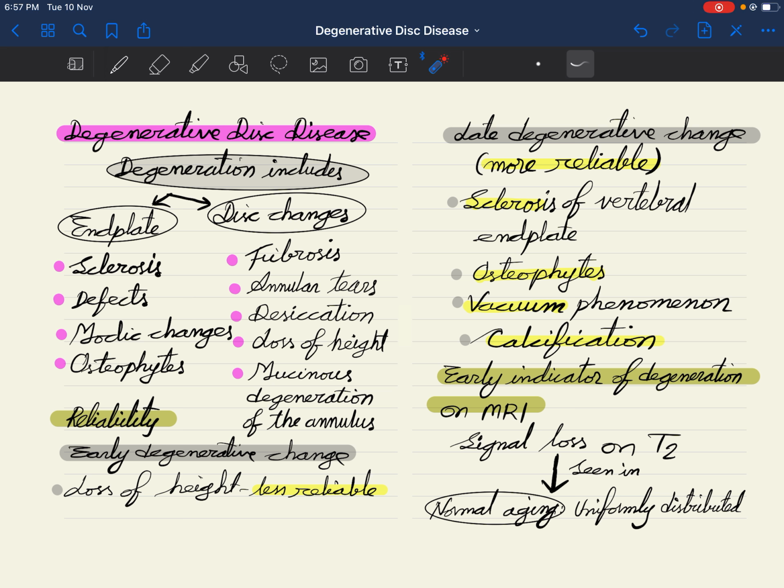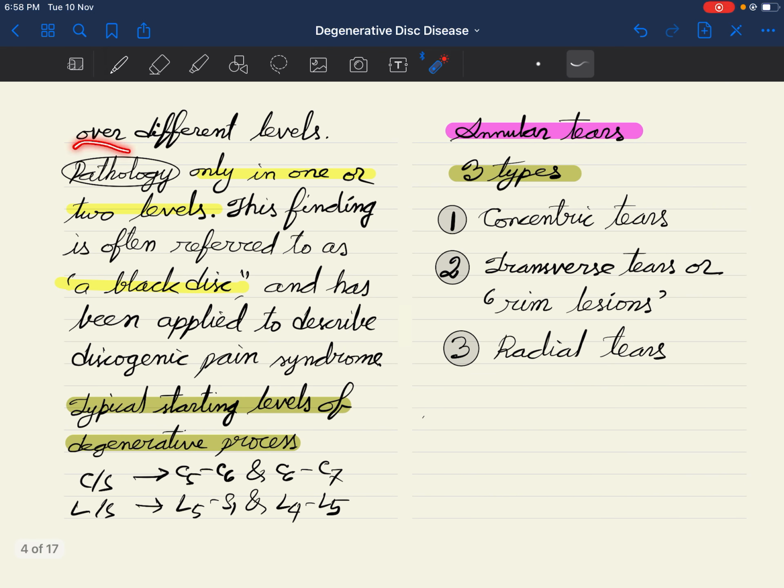So on MRI, the early indicator of degeneration is T2 signal loss. In normal aging, we see this T2 signal loss uniformly distributed over different levels, but in case of pathology we see T2 signal loss in only one or two levels.